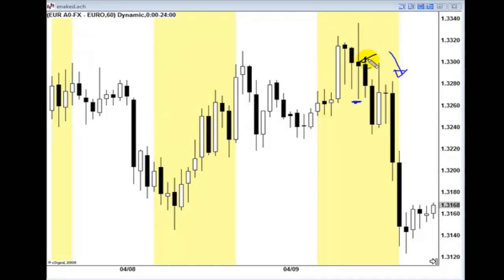Now it's very simple. We enter the trade, and let's say that's at, say, 133 or so, and we put the stop loss above the high of the candle that gives us the signal. So the high of that candle is 133.35, let's say.